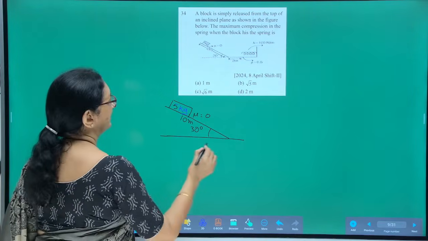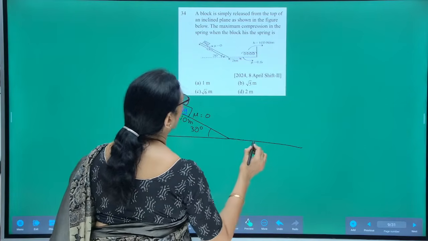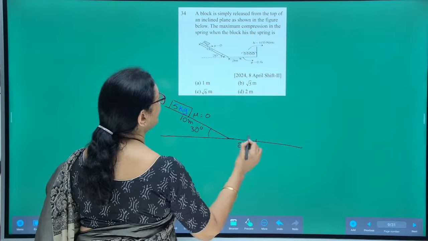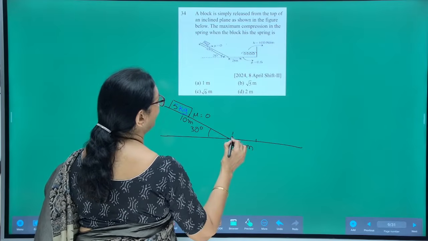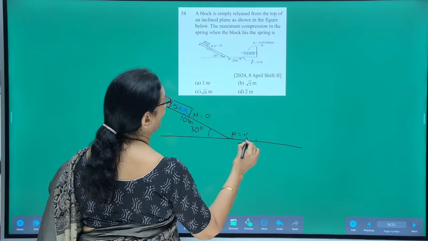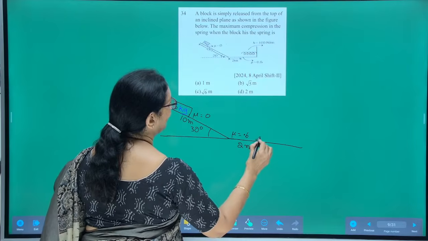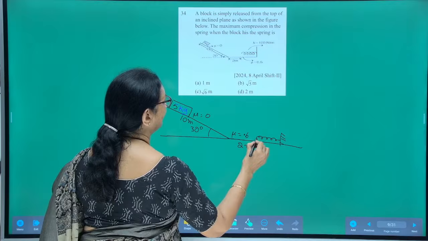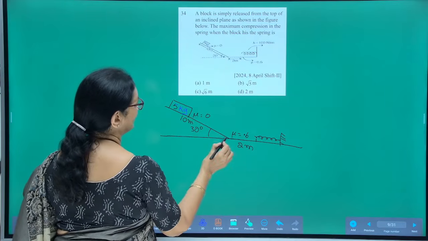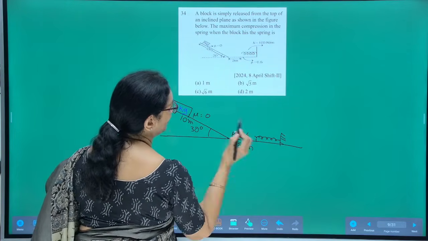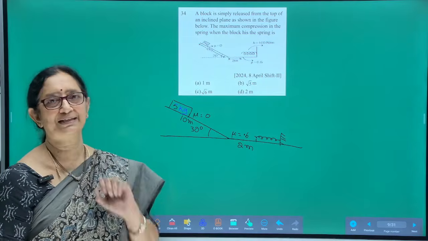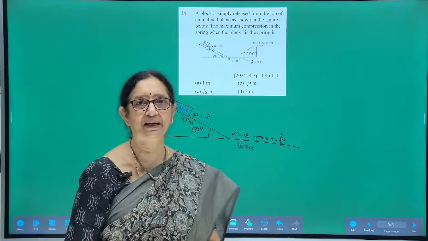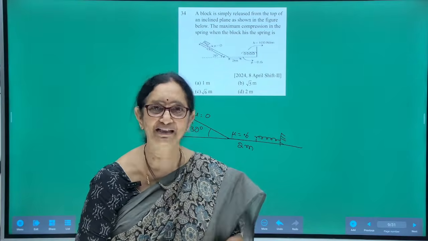Now this block moves for about a distance of 2 meters on this surface which is rough, where mu is given as 0.6. There is a spring attached to a rigid surface, and this block slides down and then moves over here and pushes the spring. What is the maximum compression in the spring when the block hits the spring?